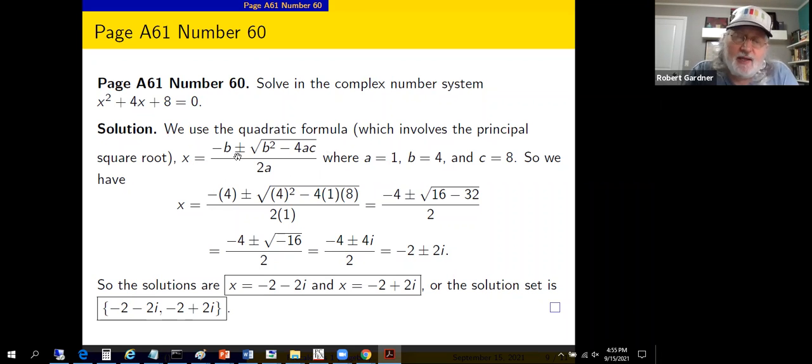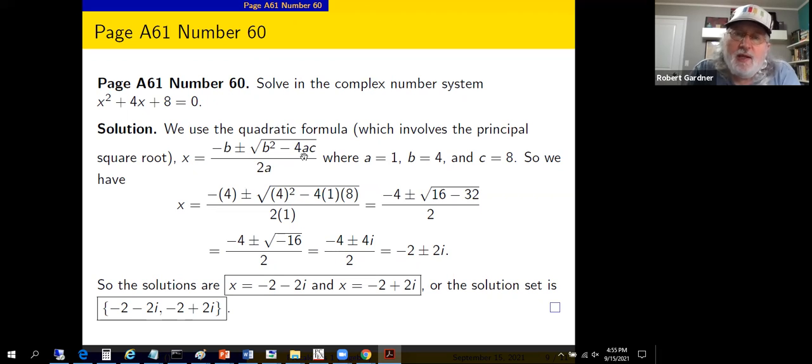x equals negative b plus or minus the square root of b squared minus 4ac over 2a. Here, a is 1, the coefficient of x squared, b is 4, the coefficient of x, and c is 8, the constant term. So we'll plug those numbers in. b is 4, so we get a 4 here and here, keeping an eye on parentheses and negative signs and exponents.